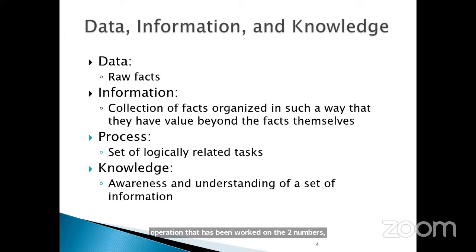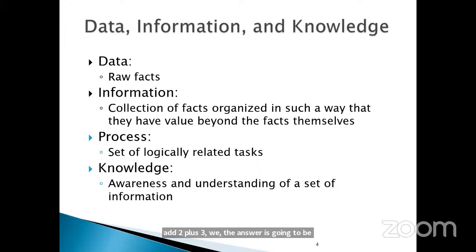Again, if we have two numbers, 2 and 3, and we want to perform different arithmetic operations on them, the operations can be addition, subtraction, multiplication, division, modulus, that's finding the remainder, etc. So you see that if we add 2 plus 3, the answer is going to be 5.